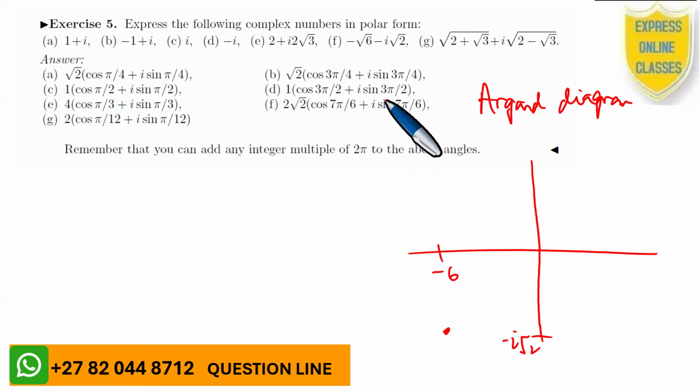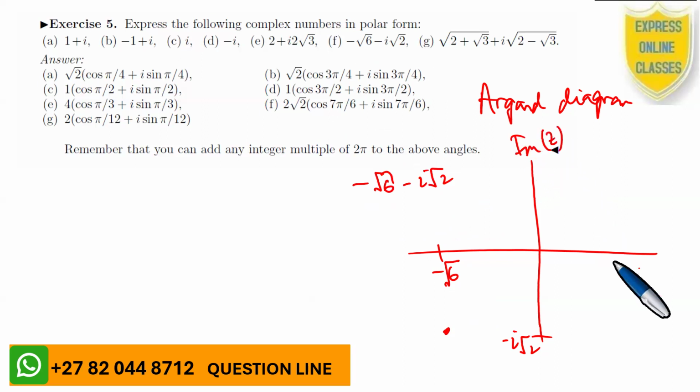The x is negative here because we're looking at the number minus the square root of 6 minus i the square root of 2. Imaginary z and real z. So you have this number.